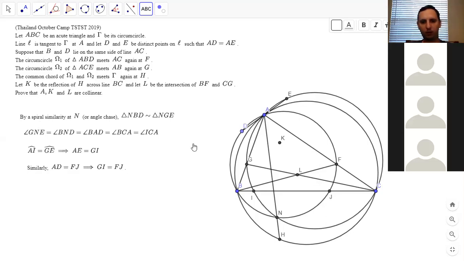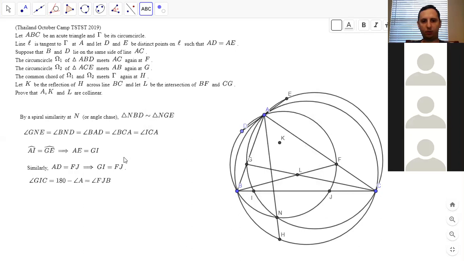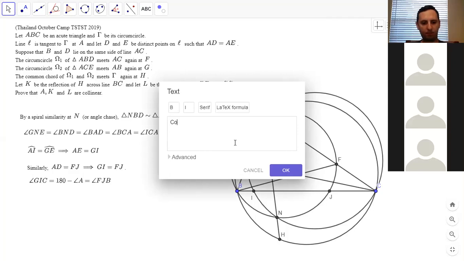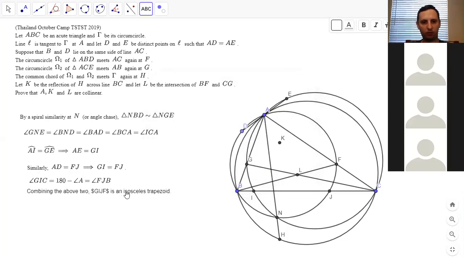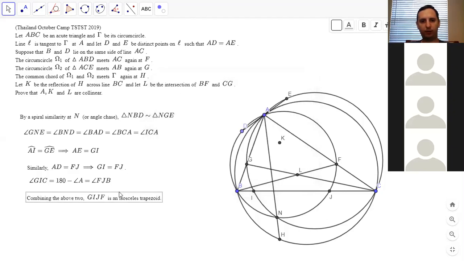So combining these two, GIJF is an isosceles trapezoid, and so GF is parallel to IJ.